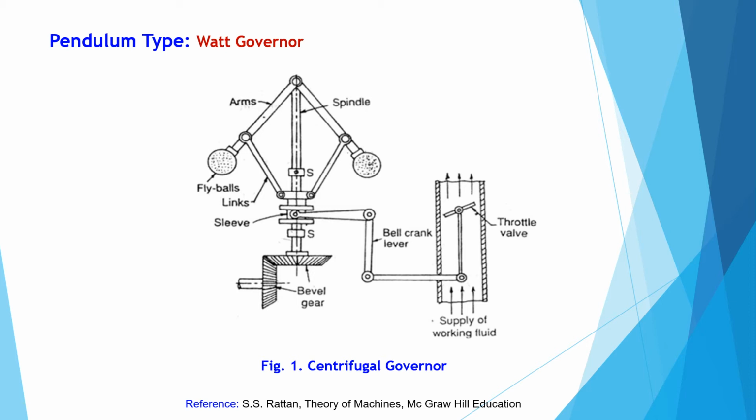When we increase the load or the speed of the governor is reduced, then the fly balls will move at a lower radius and the sleeve will move towards the downward stopper, and the bell crank lever will open the throttle valve and the fuel supply to the engine will increase, and it is controlled with the change in load on the engine.